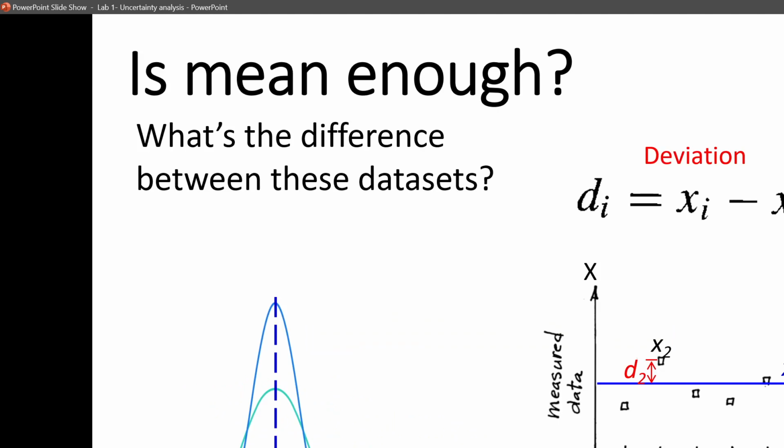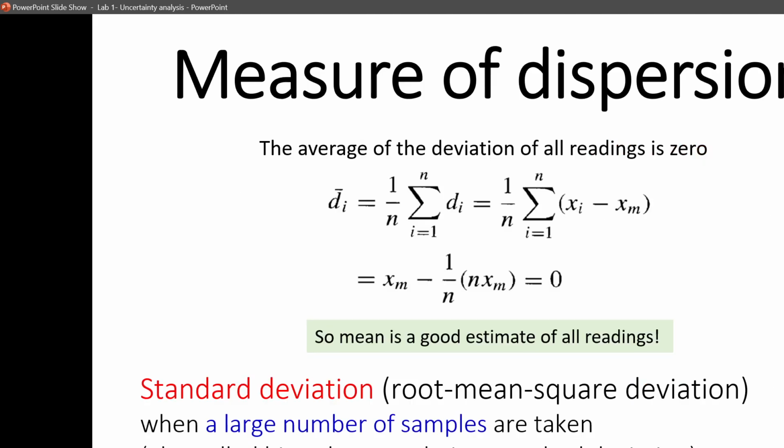Take a look at this plot. The deviations from the mean here, if you add all of them, would give you a 0, which essentially means that there is no deviation, right? So what should we do? We come up with this new parameter, which is called the standard deviation, or the root mean square deviation.